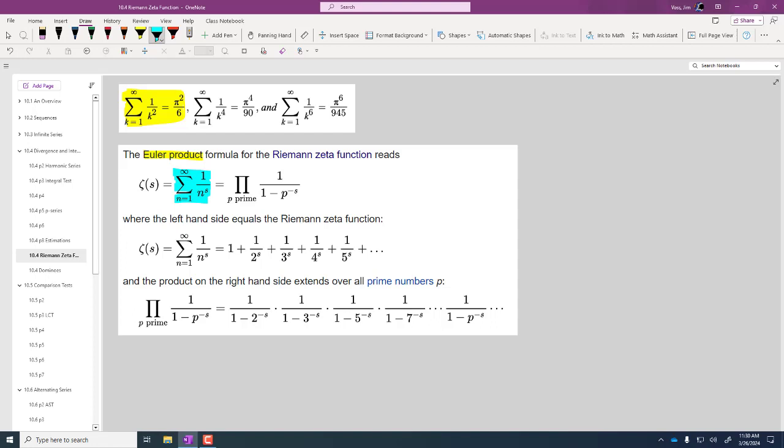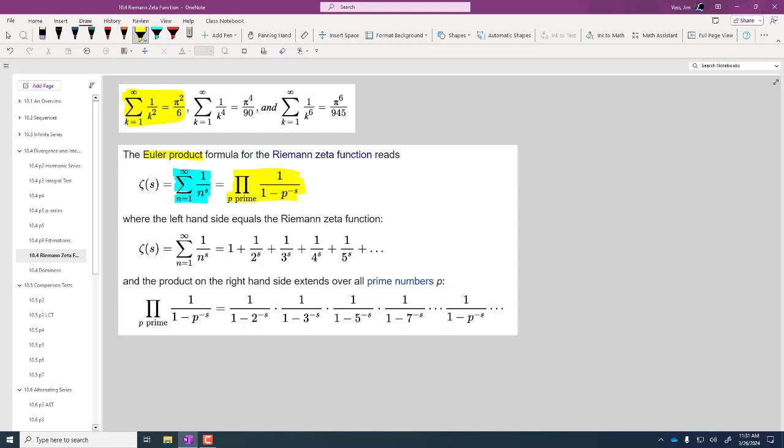And what you can show with remarkably straightforward math is that this infinite sum is equal to this infinite product, where in the product you only use prime numbers.